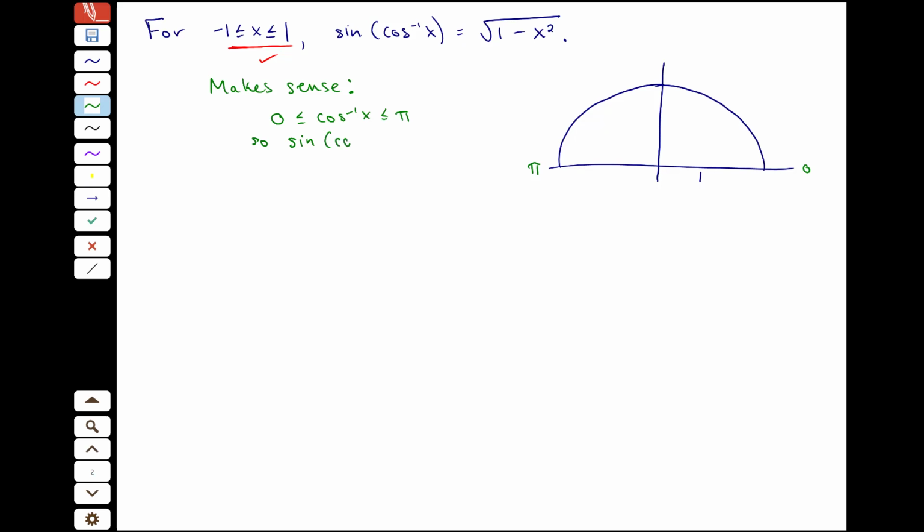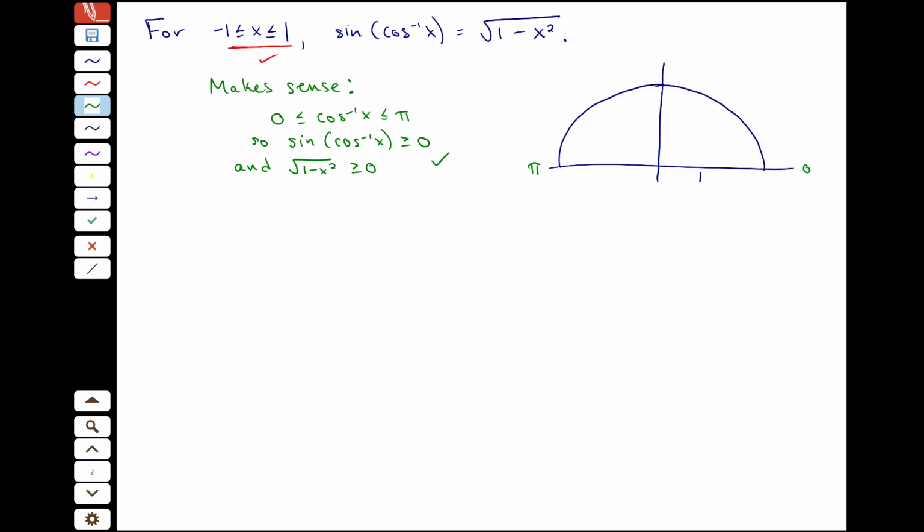So it makes sense that sine of arccosine of x is always greater than or equal to 0. And also, if we're taking square roots of things, well, square roots are always greater than or equal to 0. And so, again, this just makes sense because those two line up. I know that sine of this arccosine is always going to be greater than or equal to 0, and I know that the square root of 1 minus x squared is also going to be greater than or equal to 0.